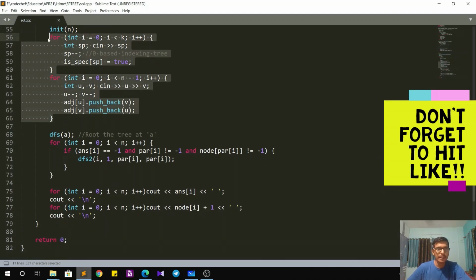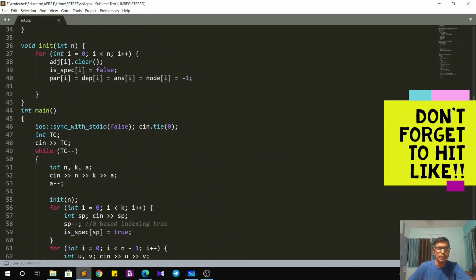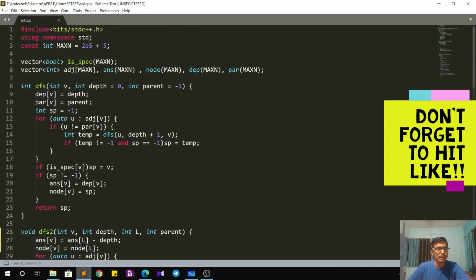Now I have my tree. Now I have to root it at the A node, that is my topmost node. So I do that by running a DFS, that is DFS of A. Now let's go to that DFS function. The DFS function looks like this. In that DFS, first of all, for each node I mark its depth from the A node.